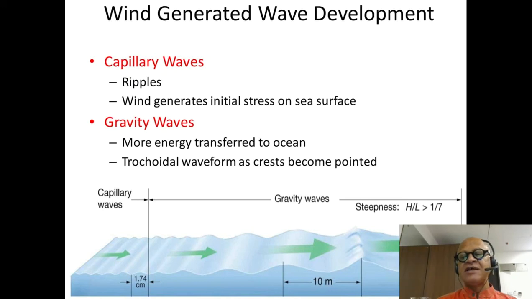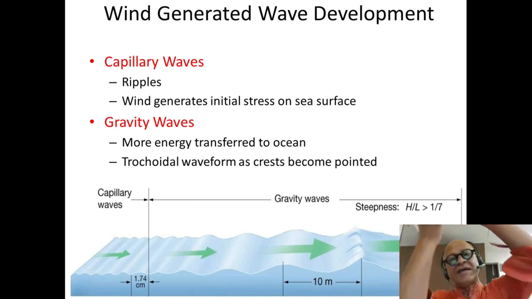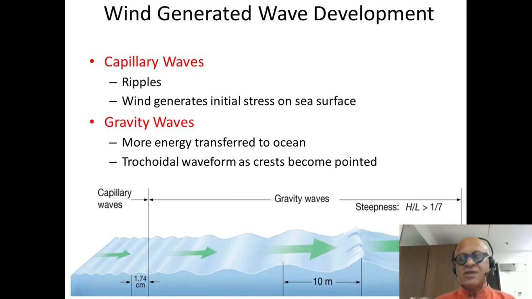And obviously as the winds get stronger or as the waves approach the coast, if the steepness becomes greater than 1/7, height greater than 1/7 of the wavelength, then the wave breaks because the trochoidal form becomes so steep that gravity begins to just break the wave form and pulls the water down.